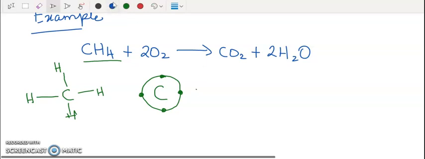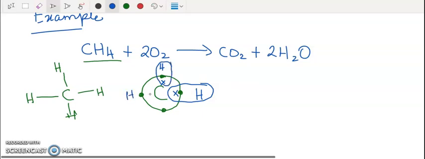So what hydrogen is going to do is it's going to supply one electron, which I'm going to represent with a cross, and so now hydrogen has one complete outer orbit, but carbon needs four more to complete its outer shell. So another hydrogen is going to come and bond with this.